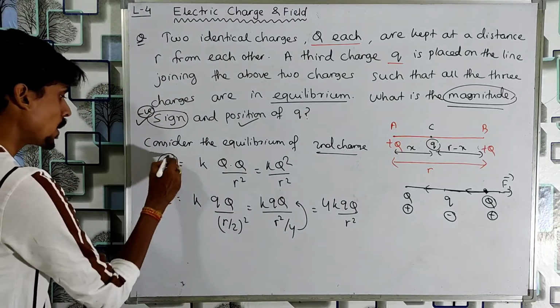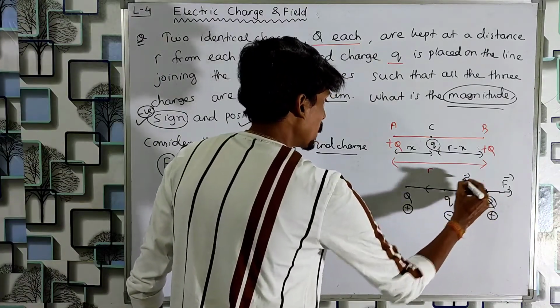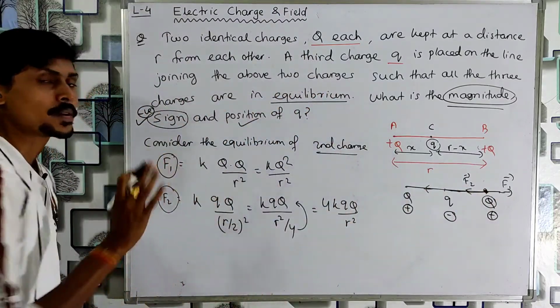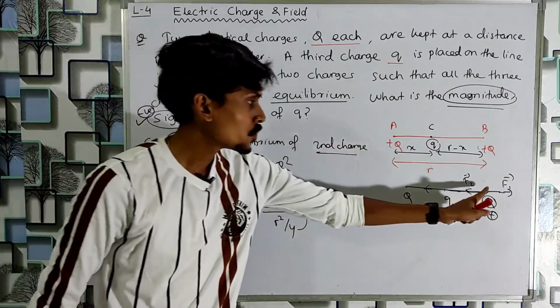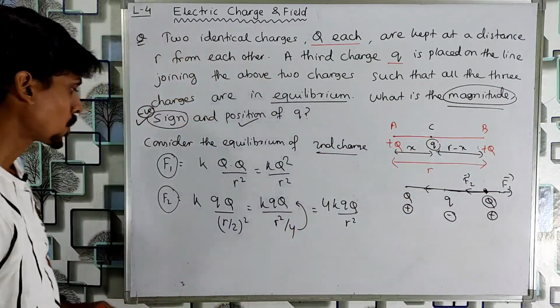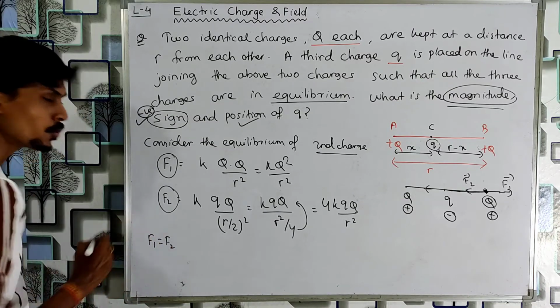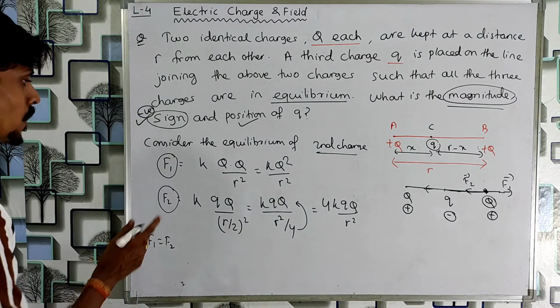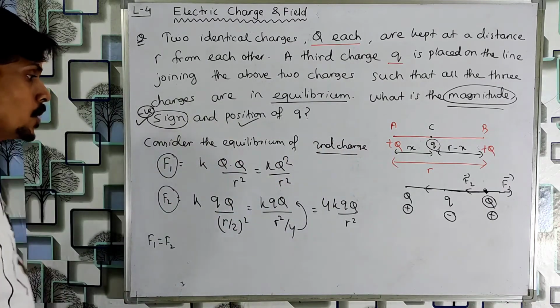So F1 and F2 are opposite in direction. If their magnitudes are the same then they will cancel each other and this charge will be in equilibrium. Okay, so for equilibrium F1 must be equal to F2. If they are not equal then that right charge will never be in equilibrium.